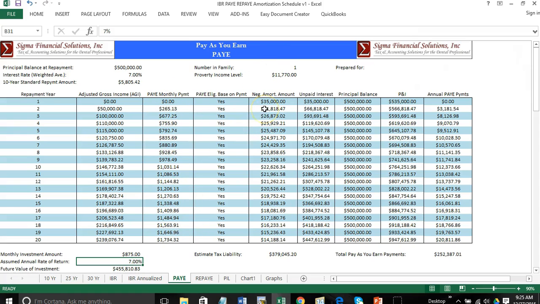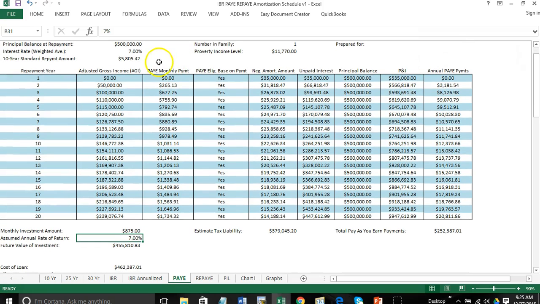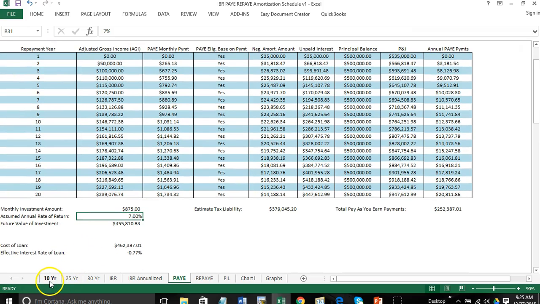So certainly Pay As You Earn is a very nice repayment option. Given the level of debt, I'm not sure why anybody would choose a 20-year, 25-year, or even a 10-year repayment option. On a 10-year, again, in this situation, over 20 years, we would have paid back a total of $462,000.